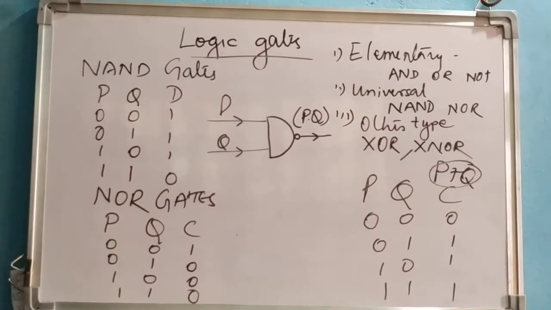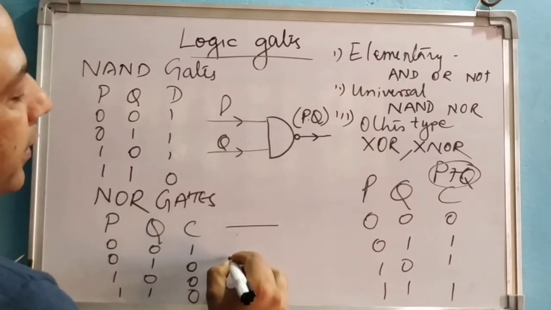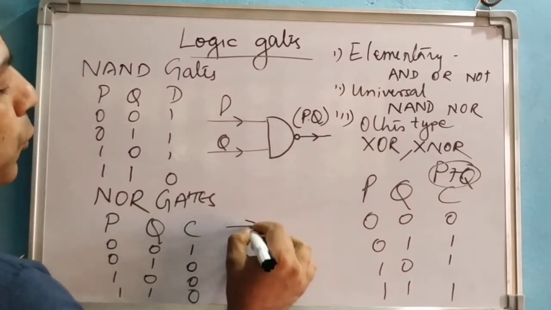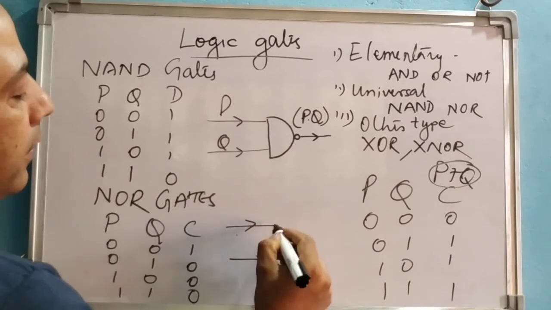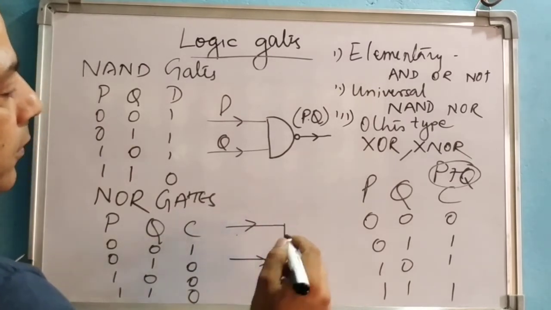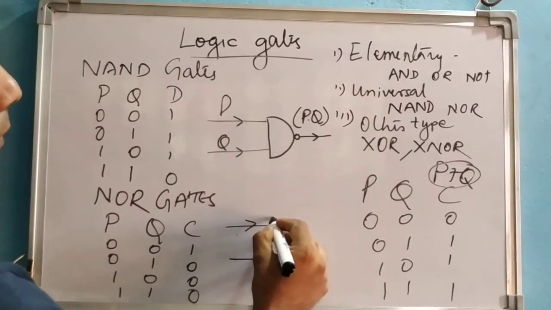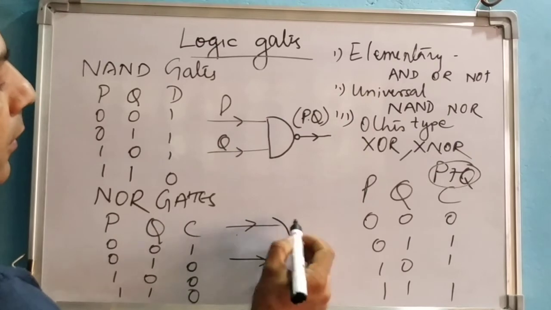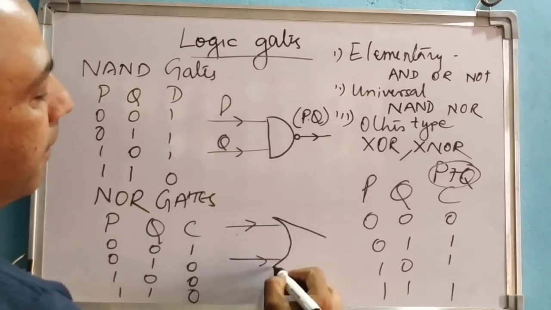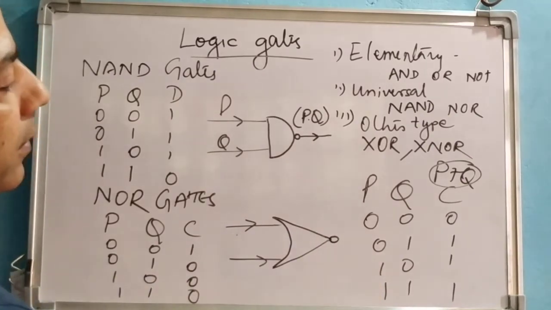Now, how is it represented? Likewise, it is just a little reverse. So 2 inputs are there. Sorry, not a straight one, it's a curved one, so that we know how to represent OR. So it's an OR gate, but the only difference is that you need to put this circle.